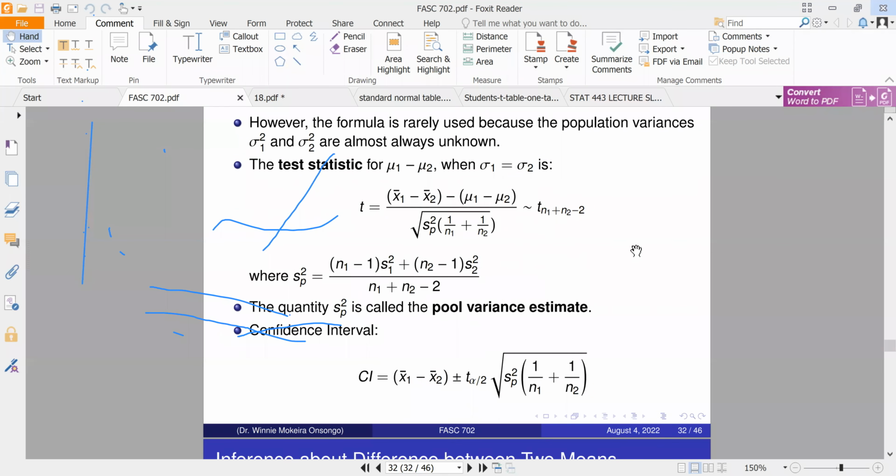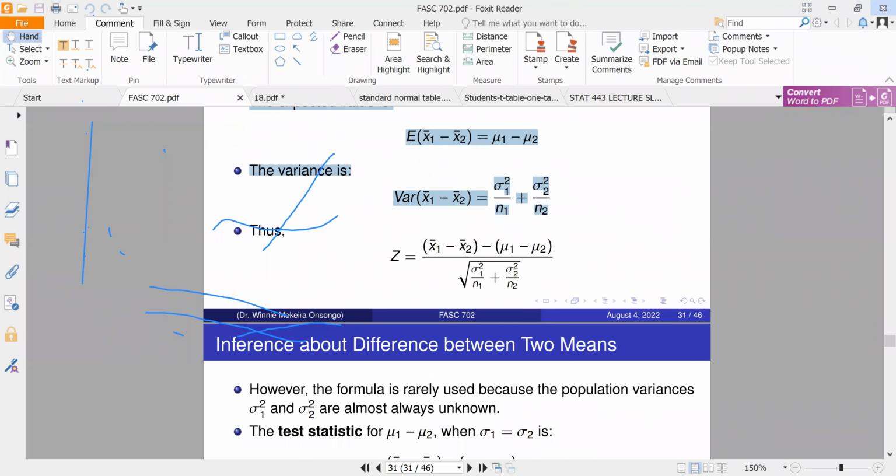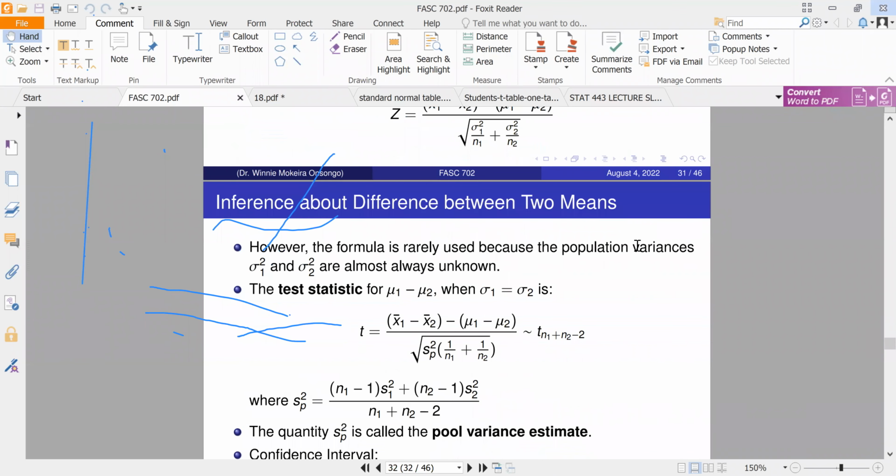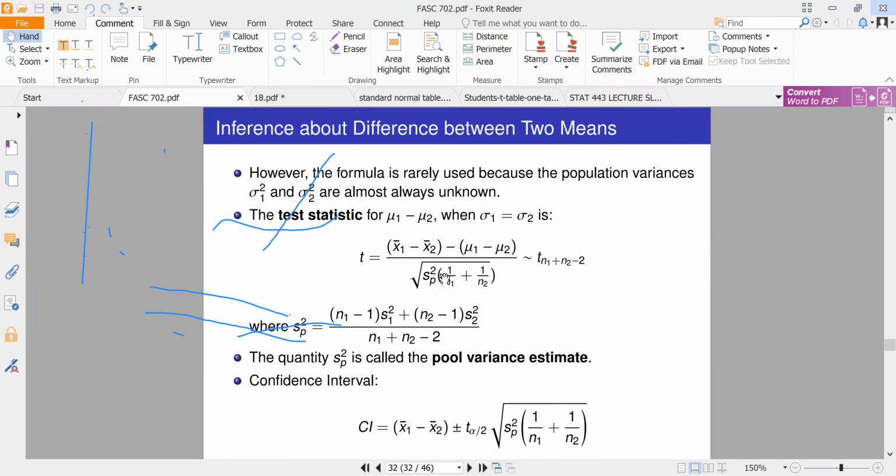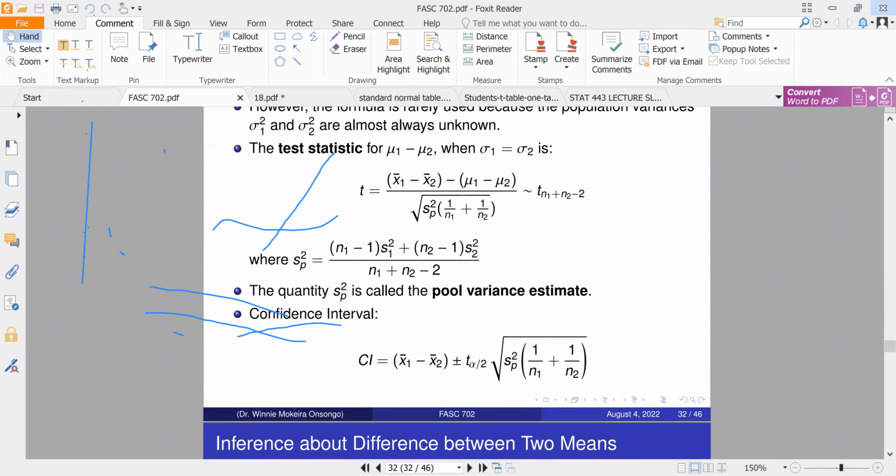Now, for T, you note that in the denominator we are not just having S squared. We are having S squared subscript P. This S squared subscript P is a pooled variance for the two populations, a pooled sample variance.